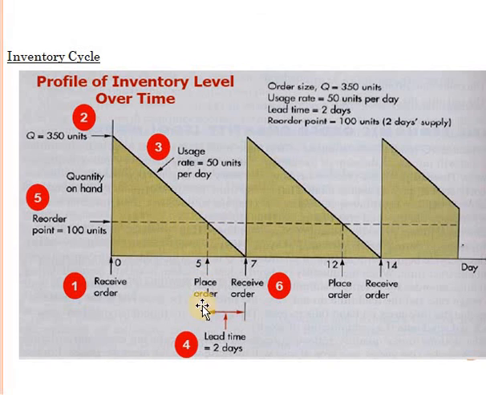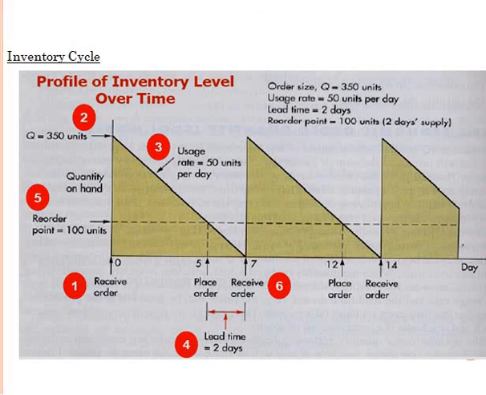This is your reorder point of 100 units. Then, when you do the order, you have 100 units in your inventory. You will wait for 2 days and your order will be received. So this means that you didn't get out of stock. And you will do this again and again. So this is your inventory cycle.